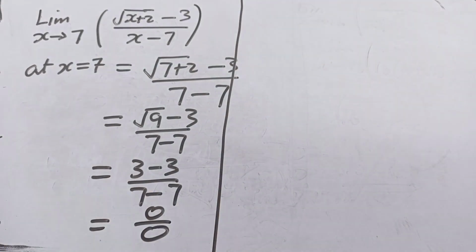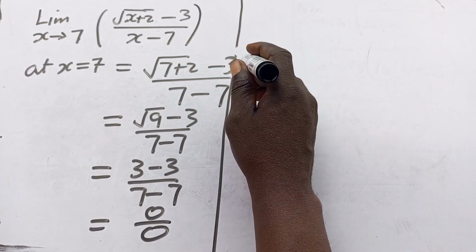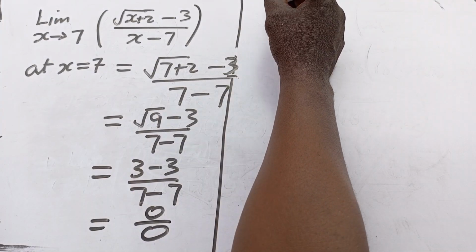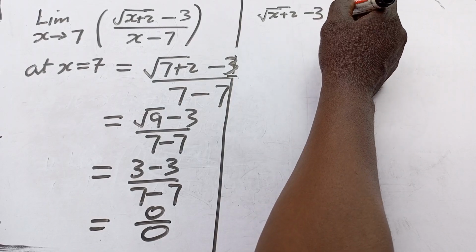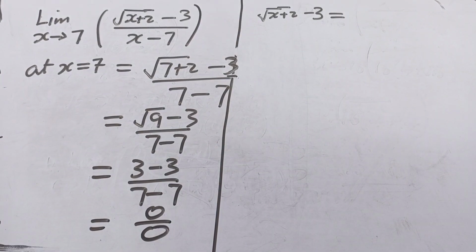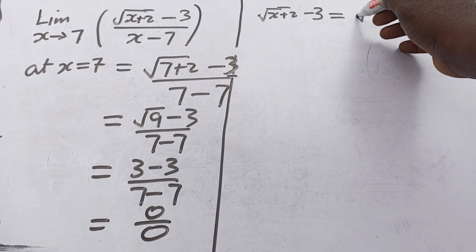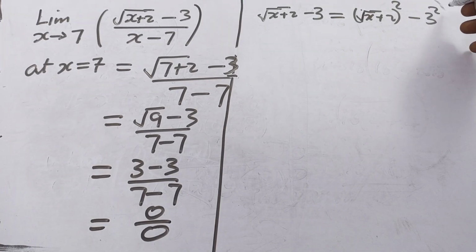So in this case, we are not going to be able to apply the quotient limit theorem. We have to resort to algebraic simplification or using L'Hopital's rule. Now, with the algebraic simplification, we know that root of x plus 2 minus 3 actually comes from the difference of squares, where we have (root of x plus 2) squared minus 3 squared.